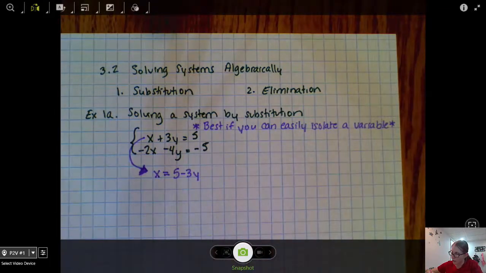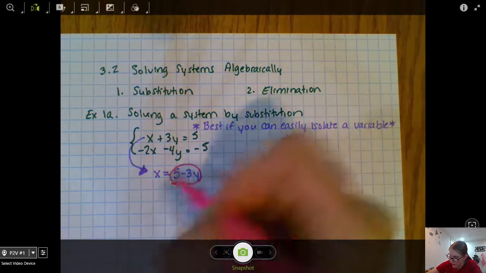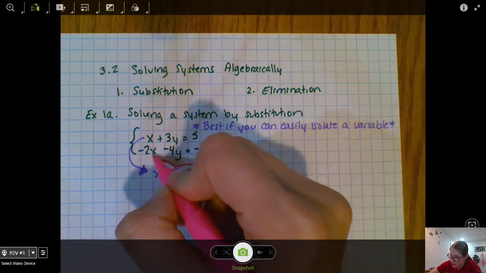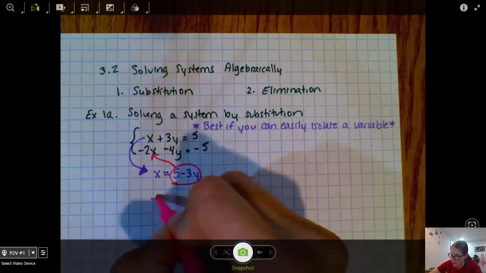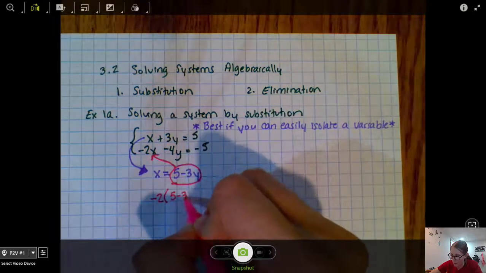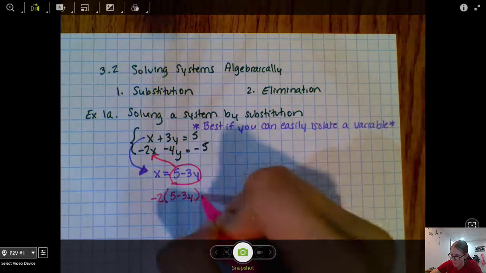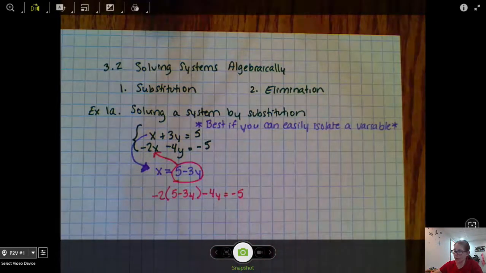So I'll grab another color here. 5 minus 3y can go in, substituted in for x in our other equation. So I would take negative 2, and then where I saw the x, I'm going to write 5 minus 3y, minus 4y equals negative 5.